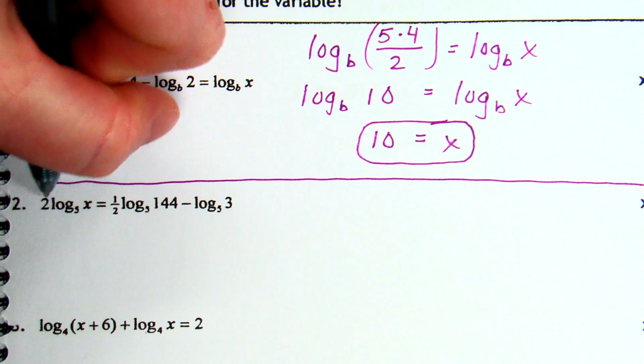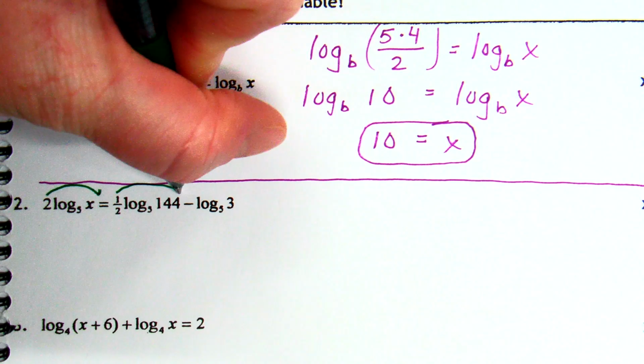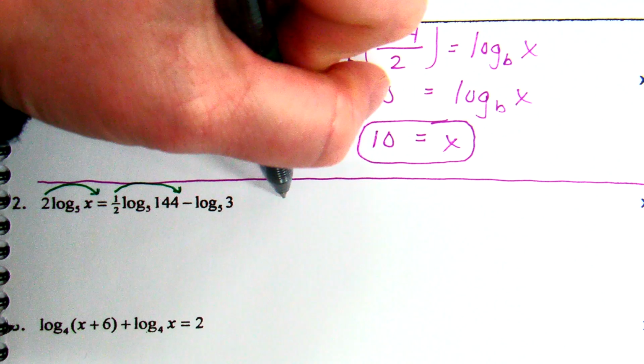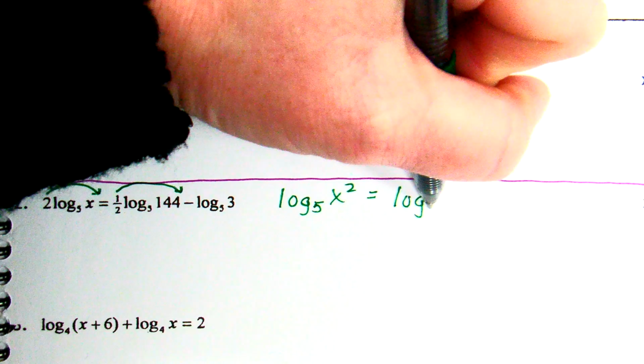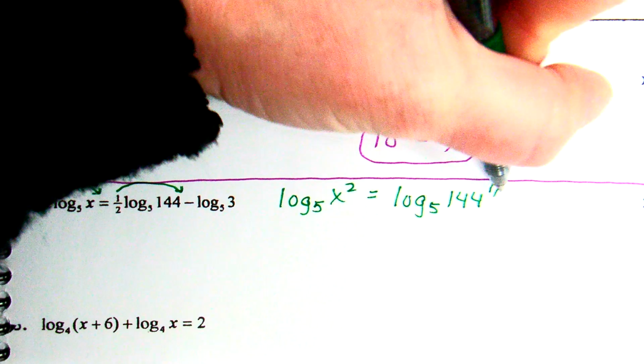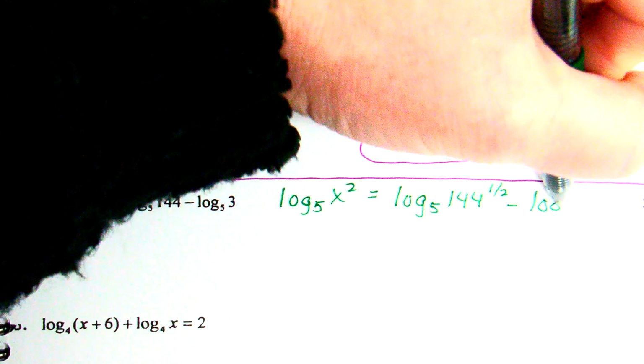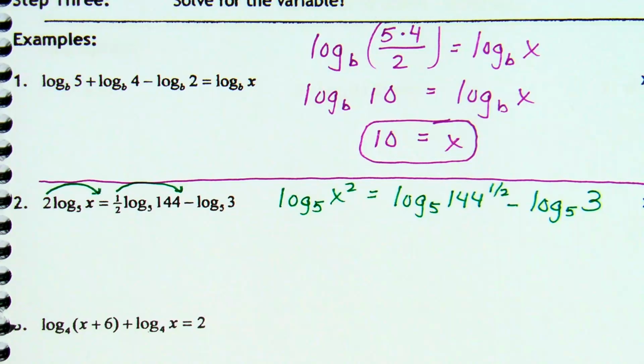And so first thing we're going to do is take that 2 and move it, and that 1/2 and move it. So log base 5 of x squared equals log base 5 of 144 to the 1/2 minus log base 5 of 3. Now, technically, I did not write exactly what Emma said.